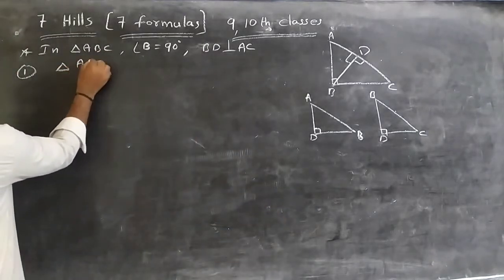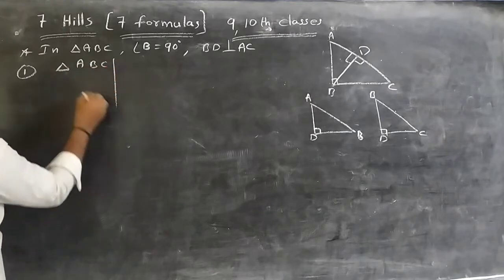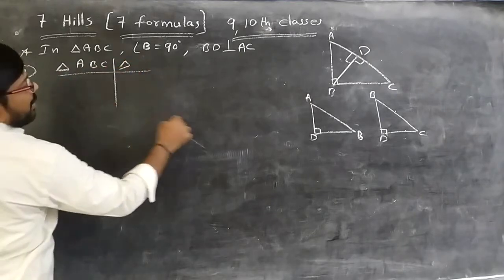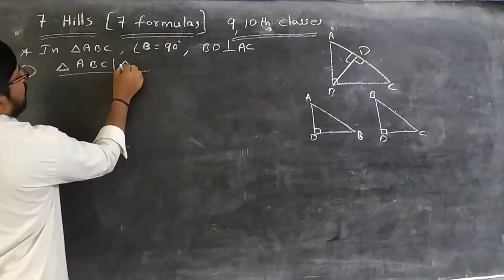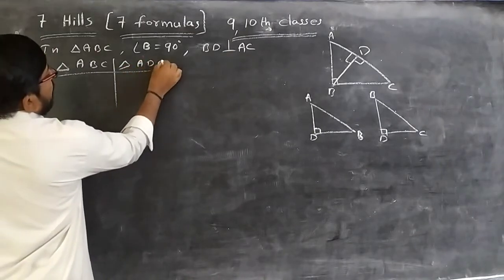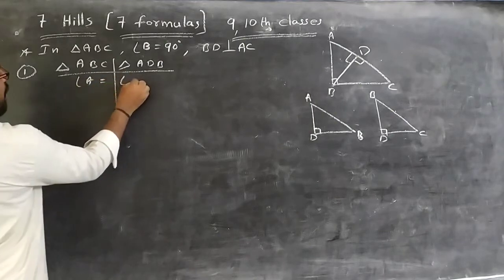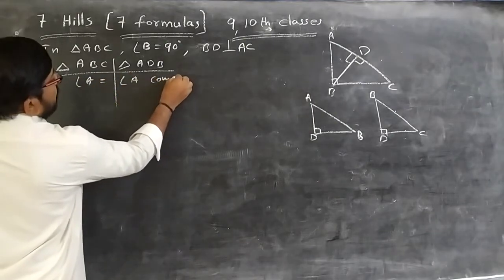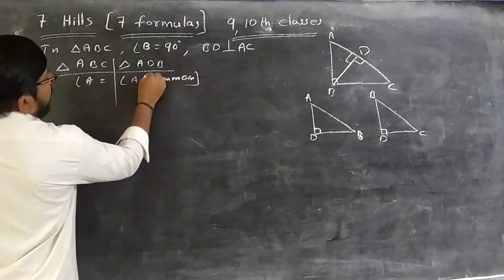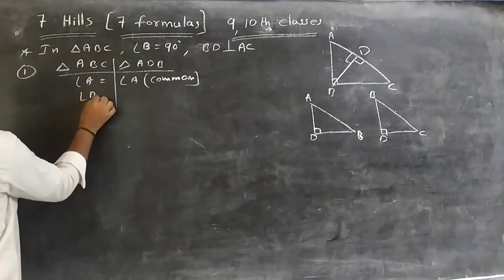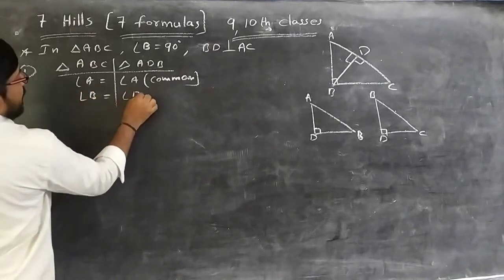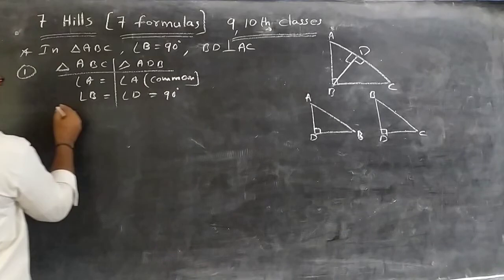Triangle ABC and the next triangle ADB. In both triangles, angle A is equal to angle A, common. Next, angle B is equal to angle D, which is 90 degrees.